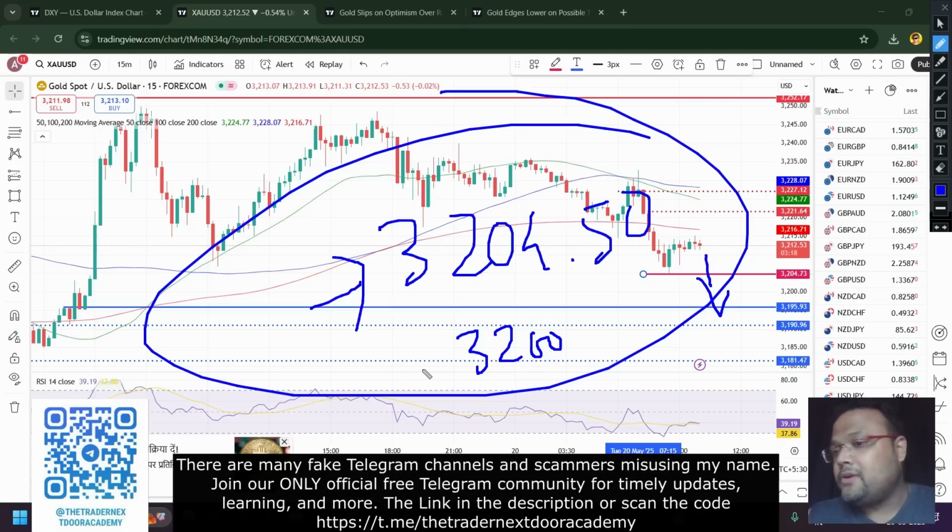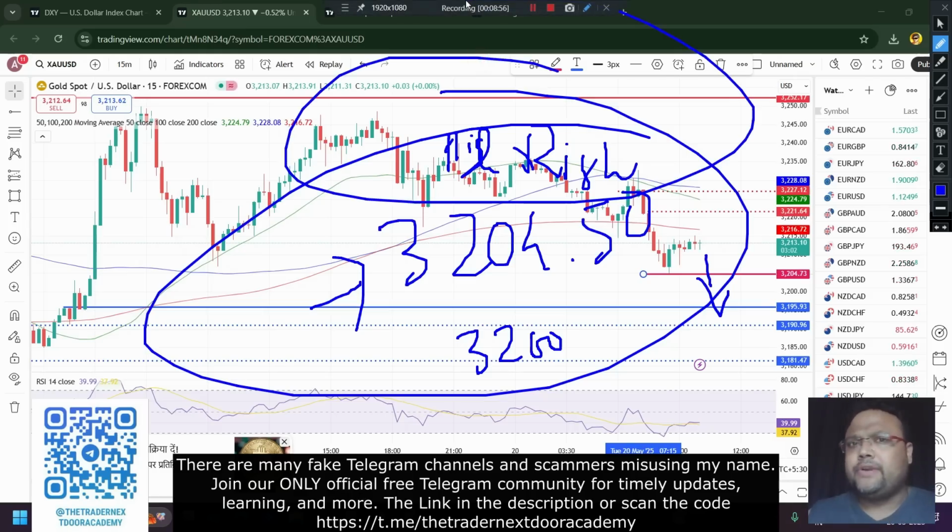So the market may try to take support around this area. After 40 pips, exit strictly after selling below 3204.50. But one thing I would like to add here is that 3204.50 is a high risk level. If you're not in a position to take high risk trades right now, then this is not the ideal trade for you.